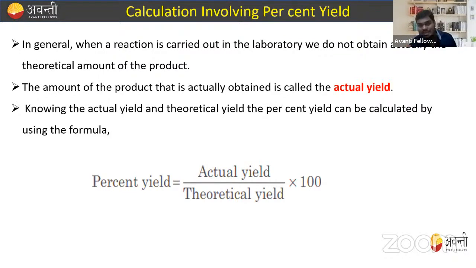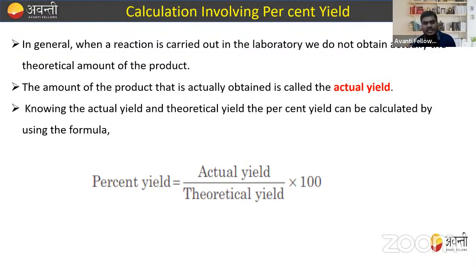Knowing the actual yield and theoretical yield, the percentage yield can be calculated by using the formula. What formula do we use for calculating the percentage yield, beta?